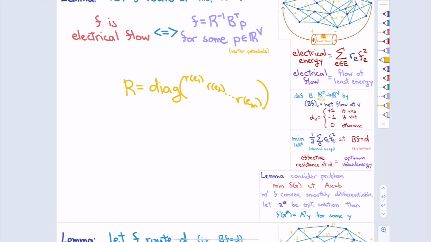So put all the edges along the diagonal. So with our simple example of equal weight on the edges, R is just the identity. Yeah, we can even ignore R for the sake of our discussion.